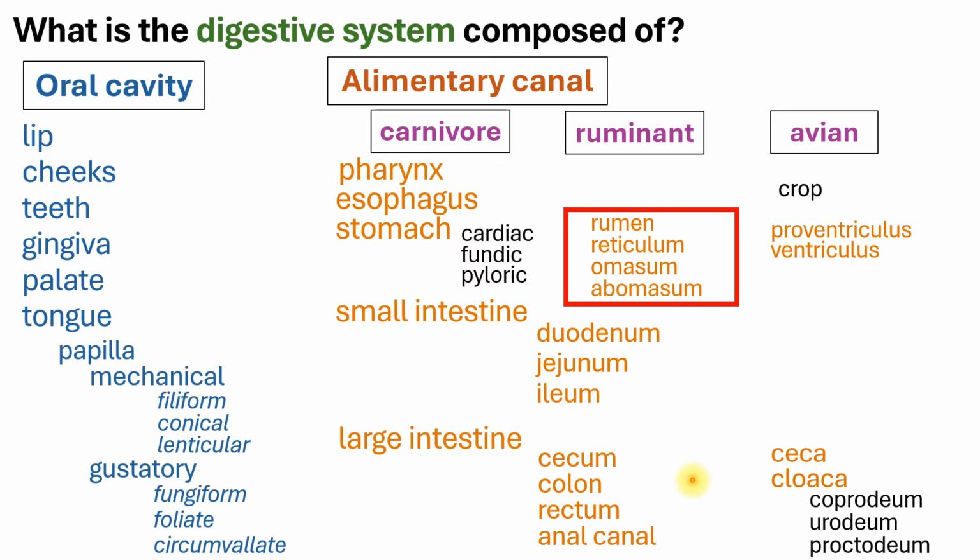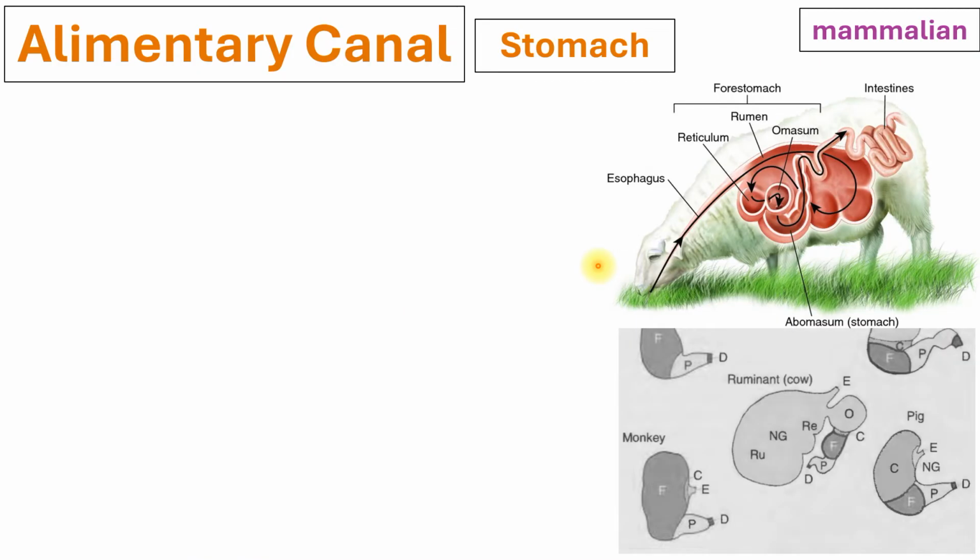Let's talk mainly about the non-glandular areas of the ruminant stomach. The abomasum would still contain basically the same cardiac, fundic, and pyloric regions of your carnivore stomach. So let's focus on the rumen, reticulum, and omasum. For our ruminants, you would have these subcompartments.